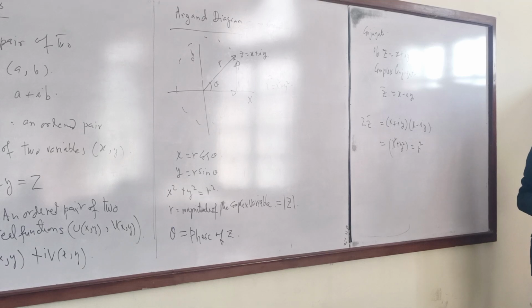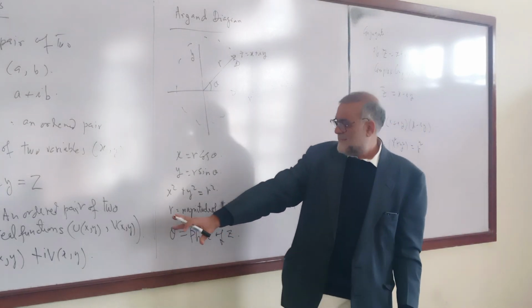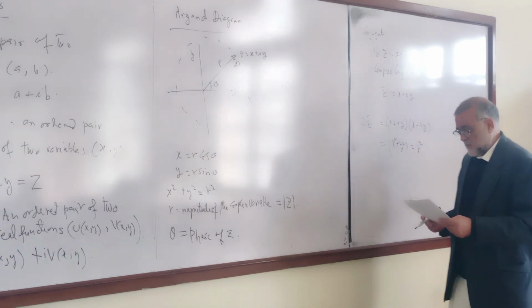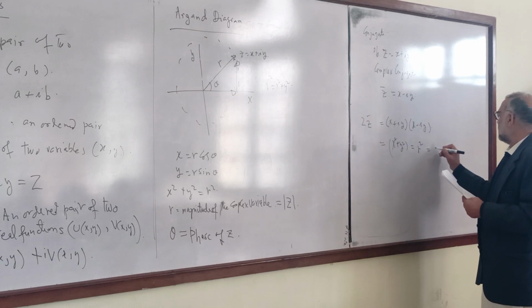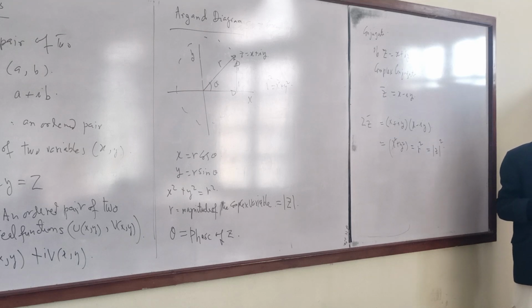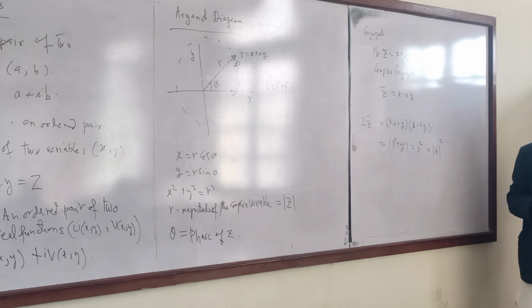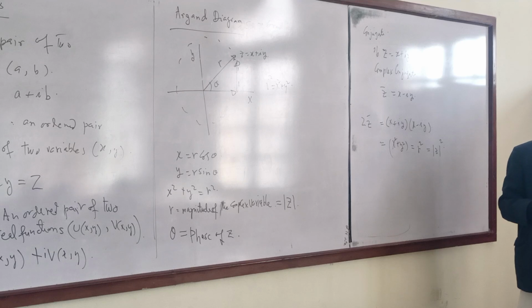R is the magnitude, right? So R square will be the square of the modulus of the complex number. This is the modulus of the complex variable, which represents the magnitude of the complex variable.